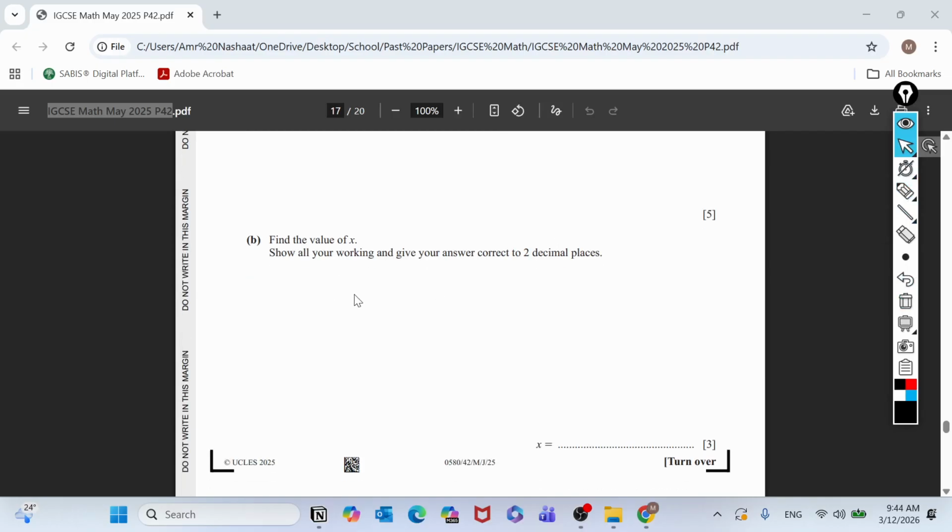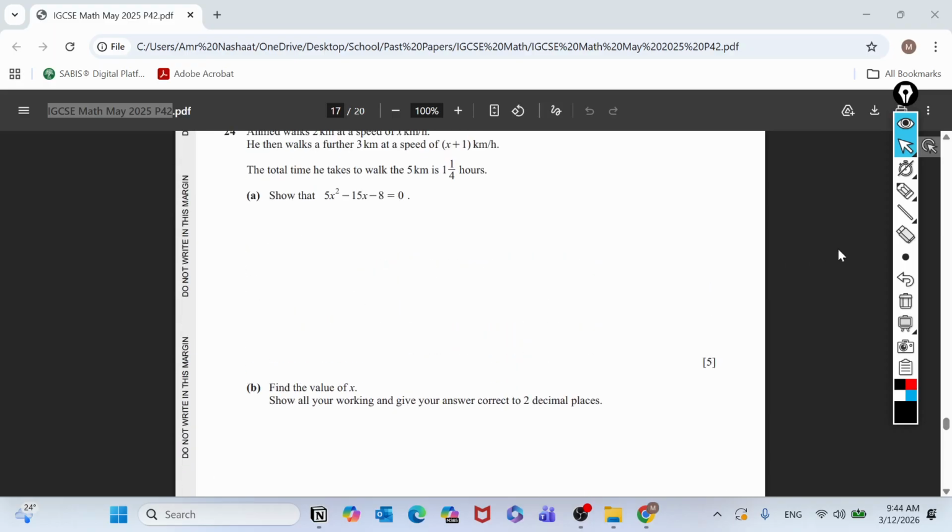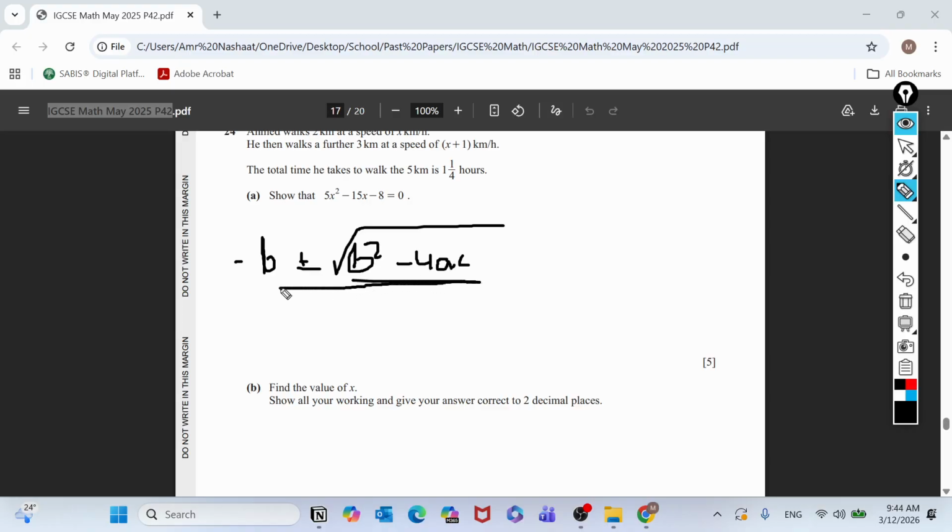Okay, find the value of x. Show all your working. Give your answer correct to 2 decimal places. So here they obviously want the quadratic equation, so it's gonna be negative b plus minus the square root of b squared minus 4ac, all over 2a.